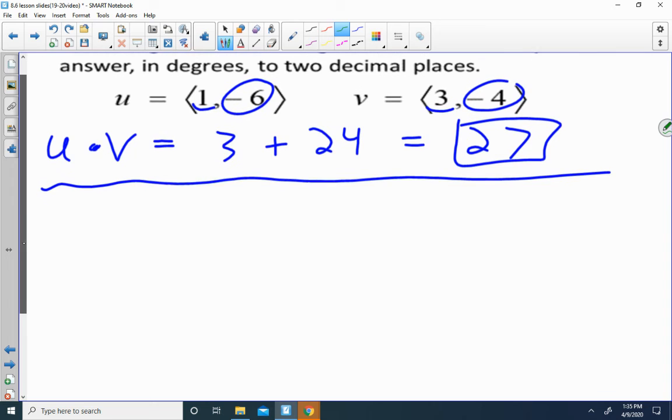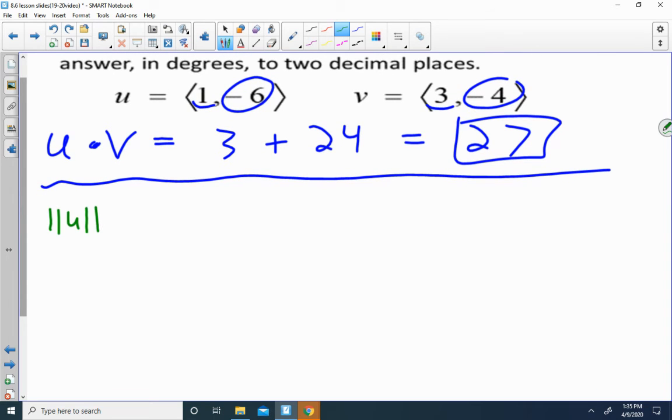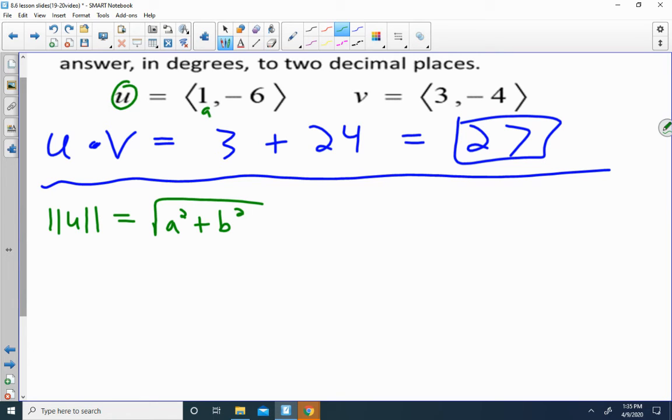So now we need the magnitude of u. And I'm going to do the old way first, where the old way was the square root of a squared plus b squared, where for vector u, a is 1 and b is negative 6.